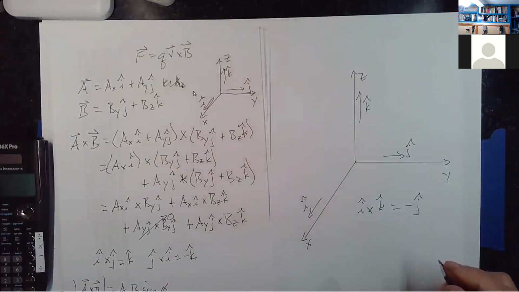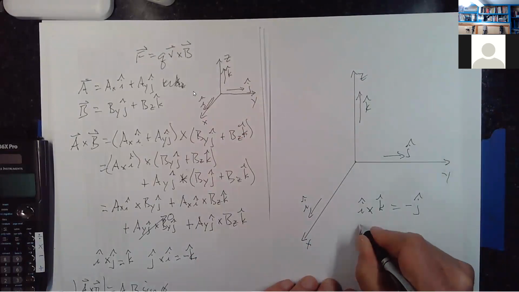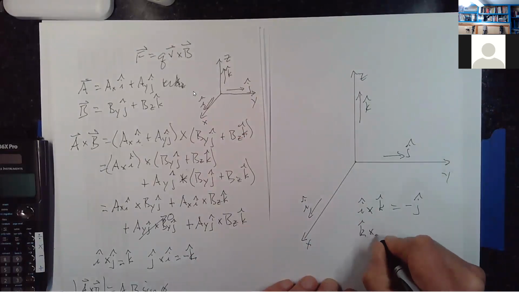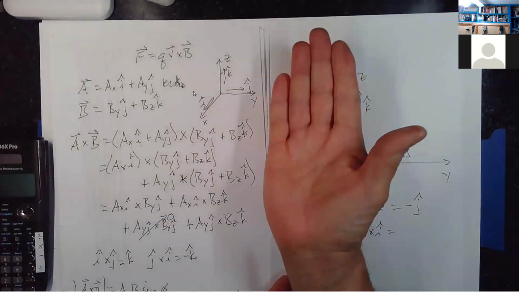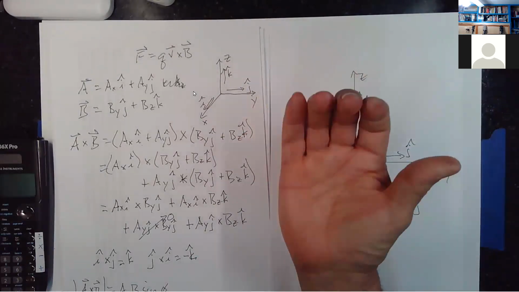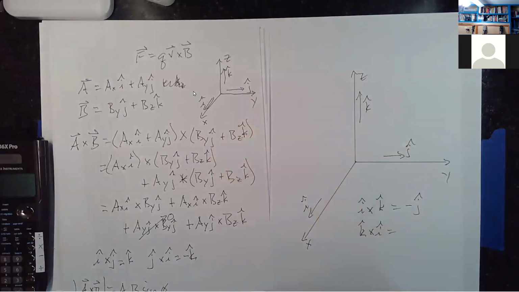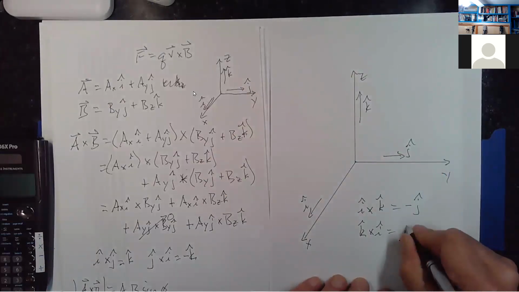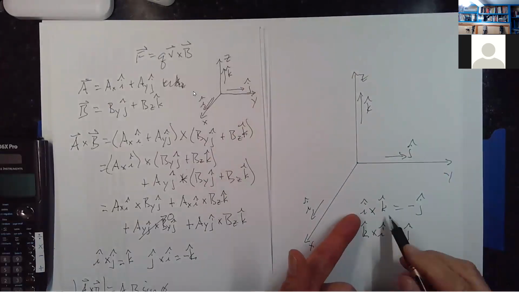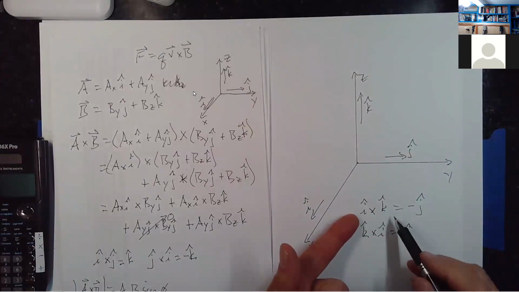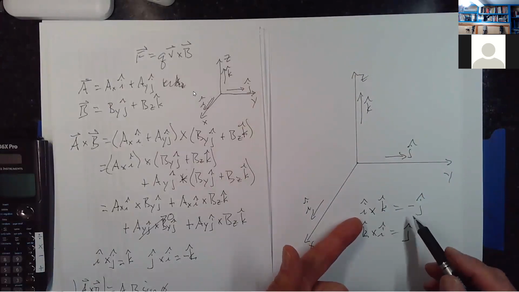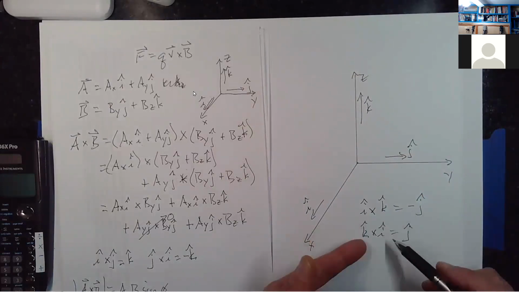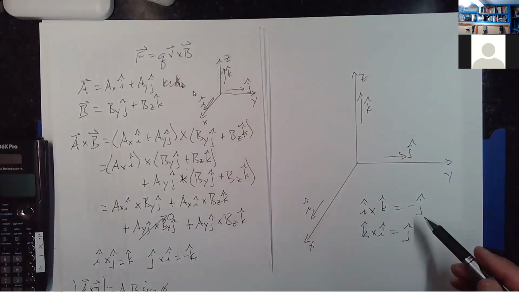And then try k hat cross i hat. Point the fingers toward k hat so you can curl them toward i hat, and they'll point in the j hat direction. Actually, I mentioned the other day that the cross product was anti-commutative, where you do it in reverse order and you get the negative of it.